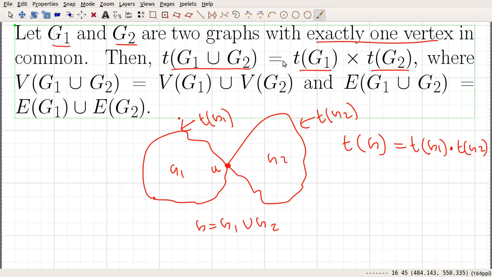Again, if you have some other graph here that shares this vertex, then in order to find the number of spanning trees, find the number of spanning trees here, here, and here, and take the product of those three. Similarly, if you have another graph here that shares a vertex with this, first find the number of spanning trees here, then find the number of spanning trees here, and take the product. So it's a very useful equation to find the number of spanning trees.